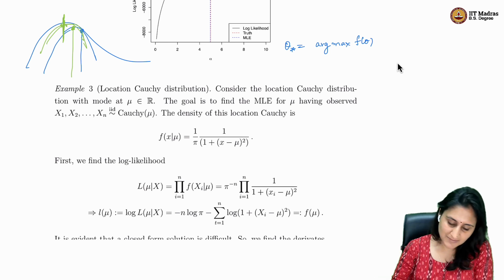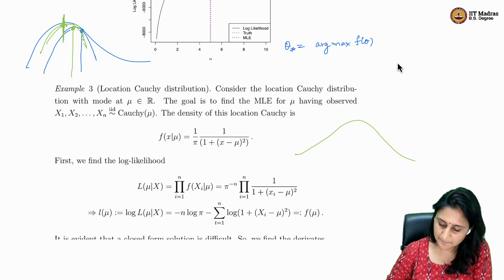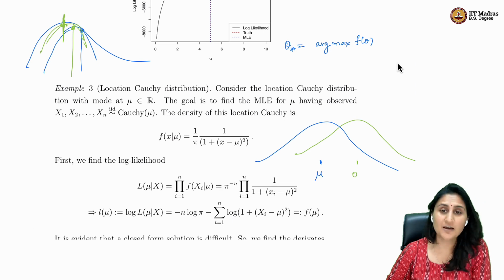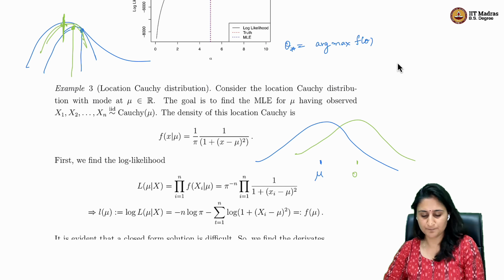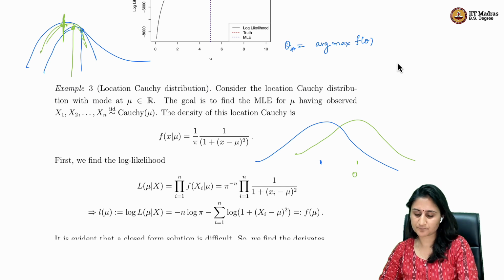If you haven't seen this before, a Cauchy distribution is basically a t, which is typically centered at 0. But this location Cauchy is centered at some unknown value mu. Not the mean, sorry, the median or the mode mu.